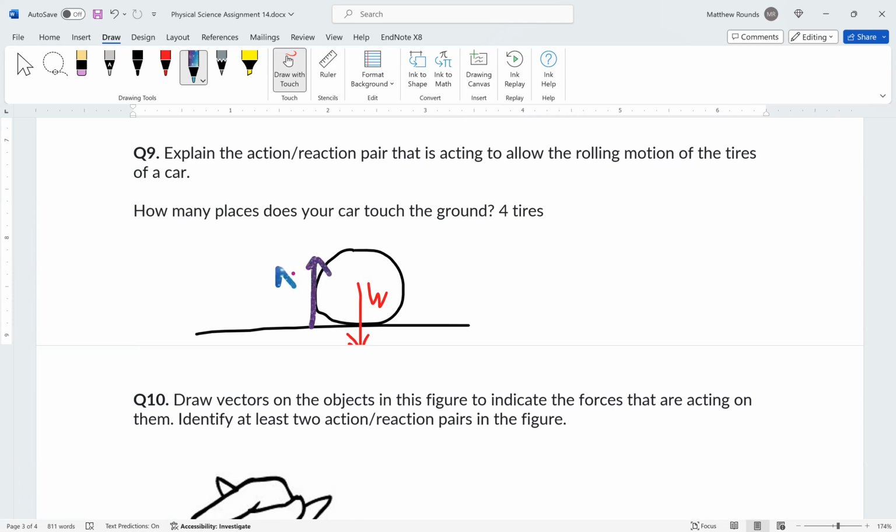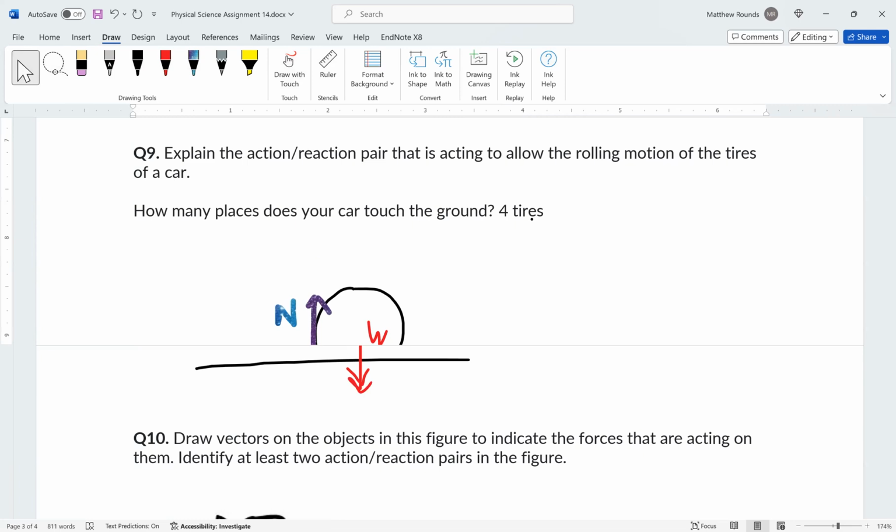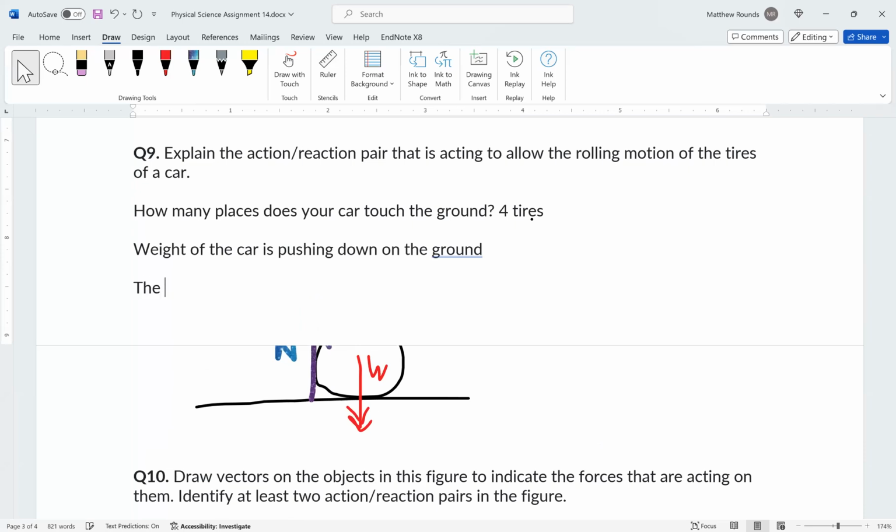That's called a normal force. So the weight of the car is pushing down on the ground. The ground pushes back with a normal force. And just like the previous problem, it is equal and opposite.